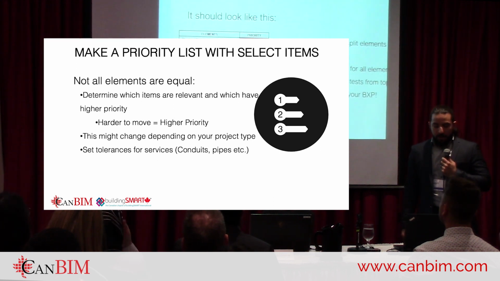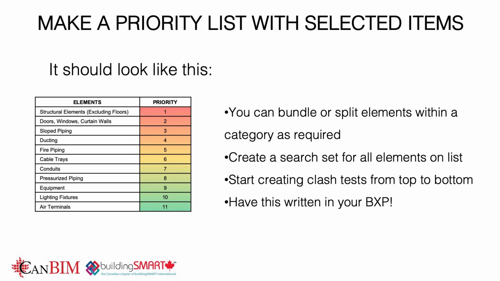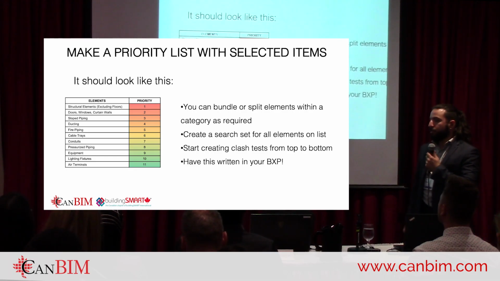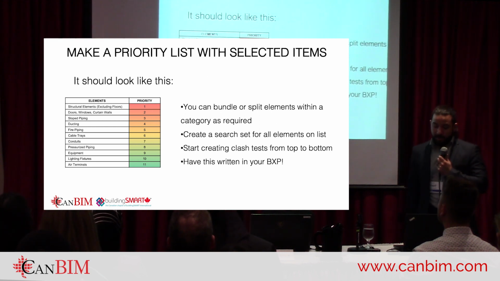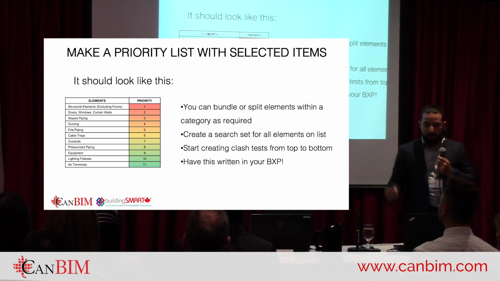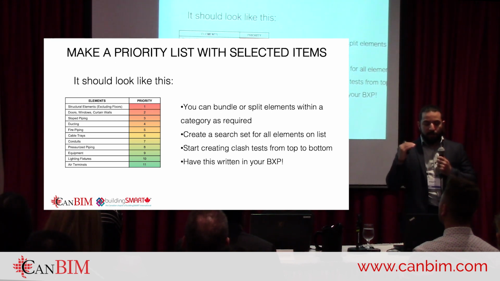So when you make that list, it will look something like this. As I said, I think this is a good example in general, but it's not necessarily going to work for every project. These can move around depending on your project type. So in this project, for instance, they decided architectural elements have about the same priority.